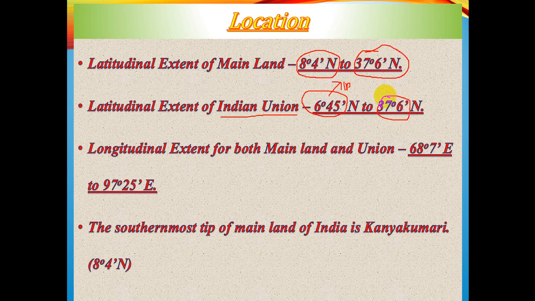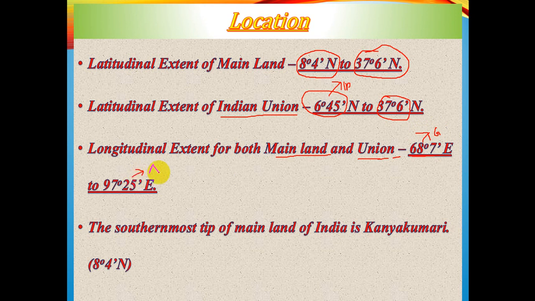So this is the latitudinal extent of the Indian Union. Now the longitudinal extent for both mainland and Union is 68 degrees 7 minutes east, which is in the state of Gujarat, and 97 degrees 25 minutes east, which is in the state of Arunachal Pradesh.